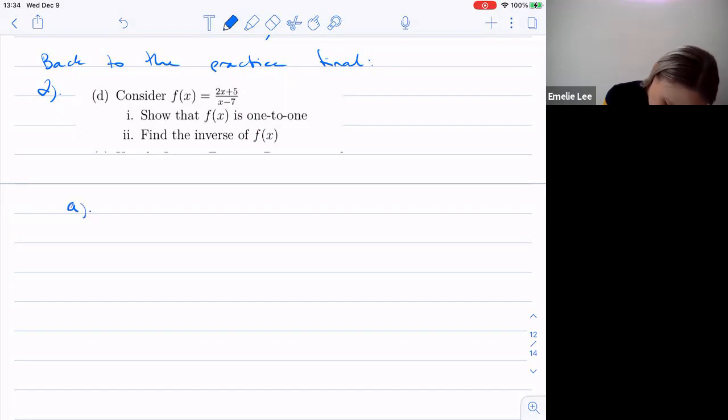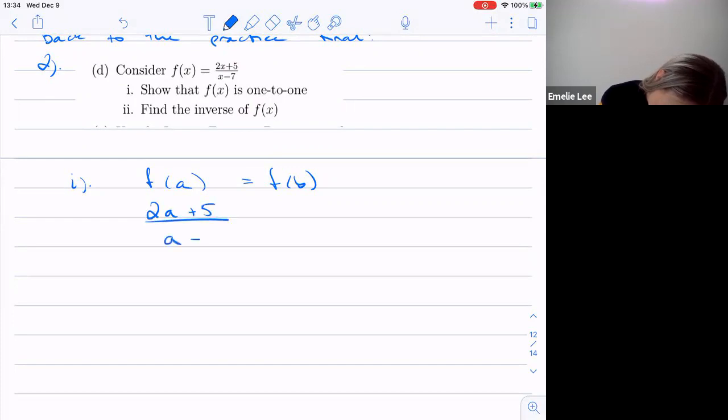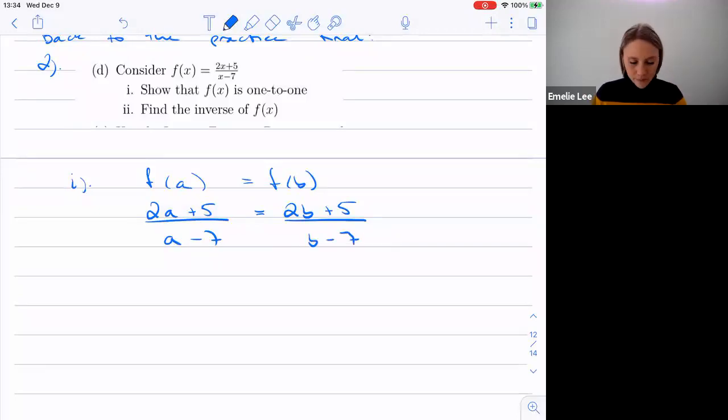So for part 1, we're going to have f of a equals f of b. So 2a plus 5 divided by a minus 7 is 2b plus 5 divided by b minus 7. So what I need to do is cross multiply and shift things around, and things will cancel out.